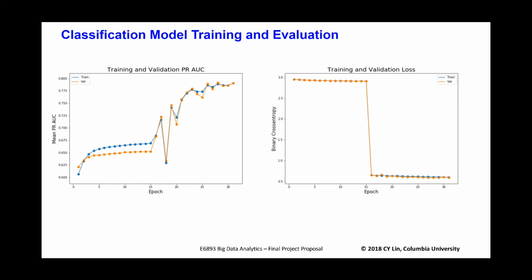This is the training process of the post-processing classification model. The left picture is the mean precision recall AUC, and the right-hand side is the binary cross-entropy.